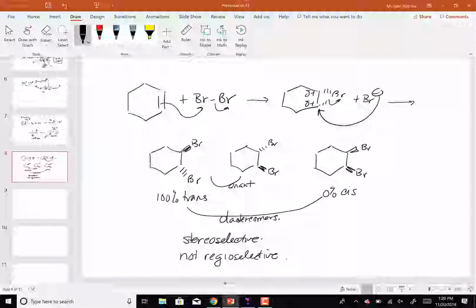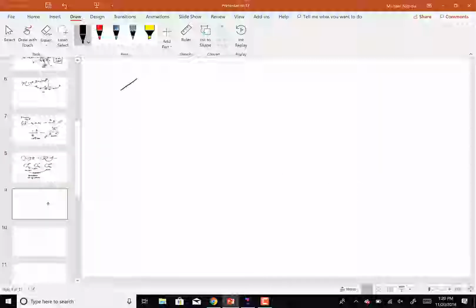So now I'm going to change this reaction a little bit, and I'm going to change it a little bit more. When I do that, I end up with a different problem. So let me start with my cyclohexene and say I'm going to add Br2 and water to it.